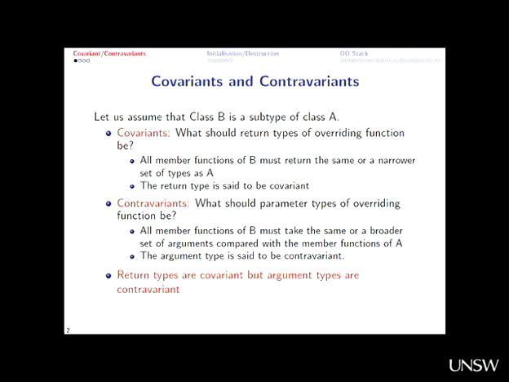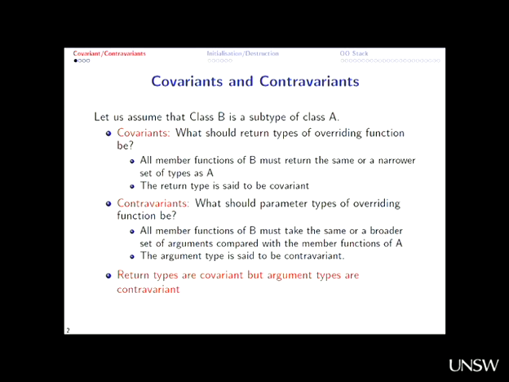So say we might want a net price function that returns a double, and the double can't be more than value 100 or something like that. It's a bit of a contrived example, but covariance for the return type is some value that's either the same or some limited subset of that previous value. You shouldn't have a situation where the return type for net price inside the DiscountedBook class is returning a string or a complex number or something like that. That's got no relation to the function it overrode.